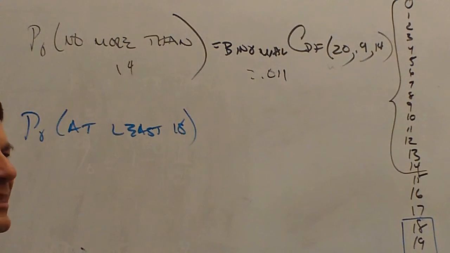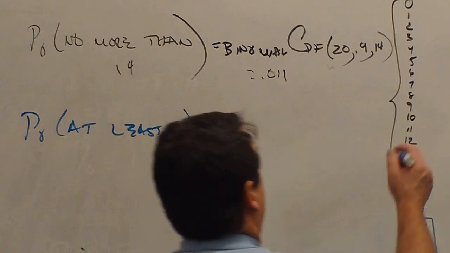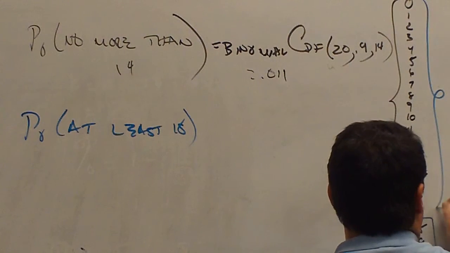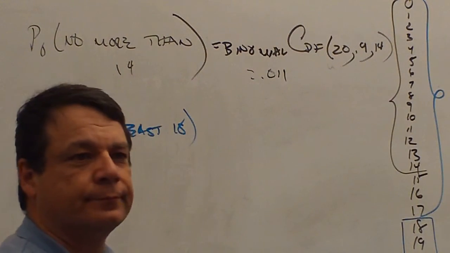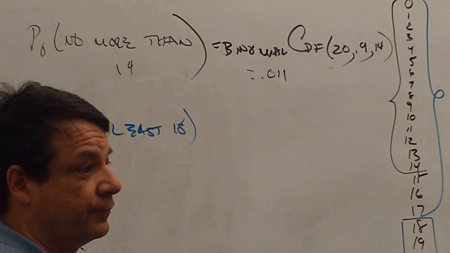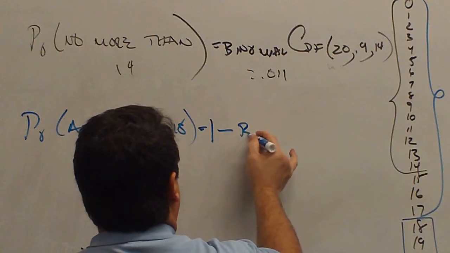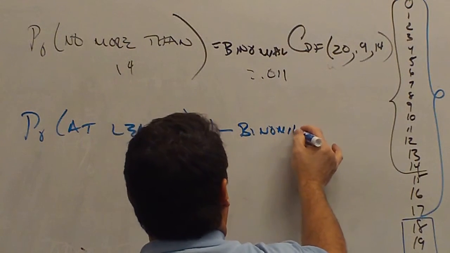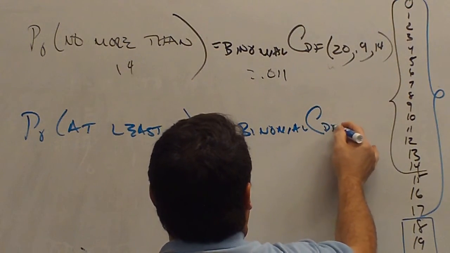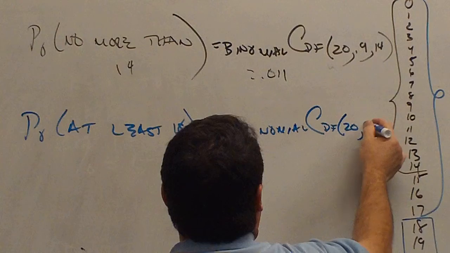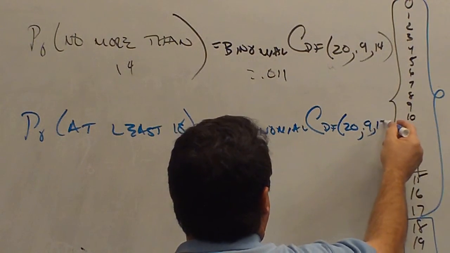The calculator doesn't give us that directly. The calculator will give us up to 17, and the sum is 1. So it'll be 1 minus binomial CDF 20 comma 0.9 comma 17.